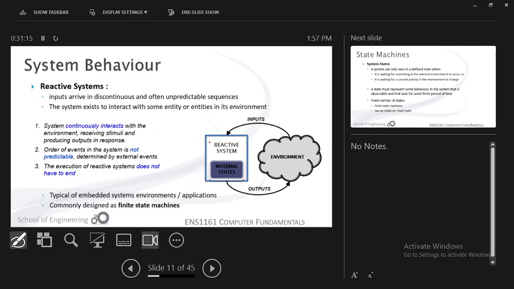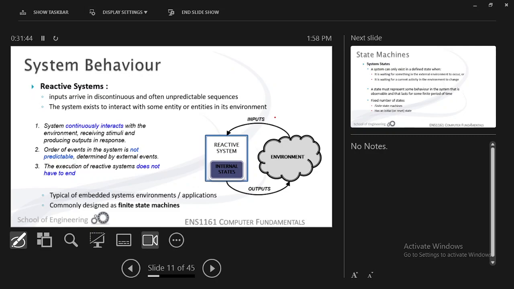For example, the system continually interacts with the environment, receiving stimuli and producing outputs in response. The order of events in a system is not predictable, determined by external events. The execution of reactive systems does not have to end. This is like continuously checking what kind of environment is there.